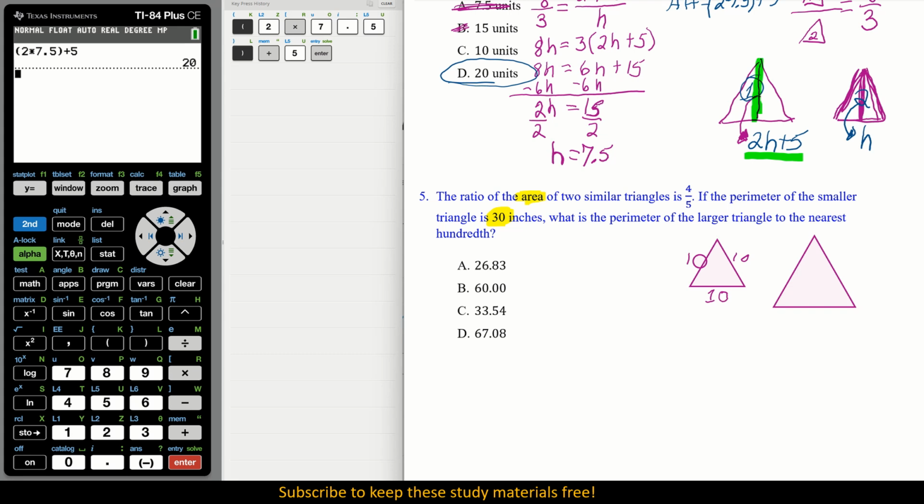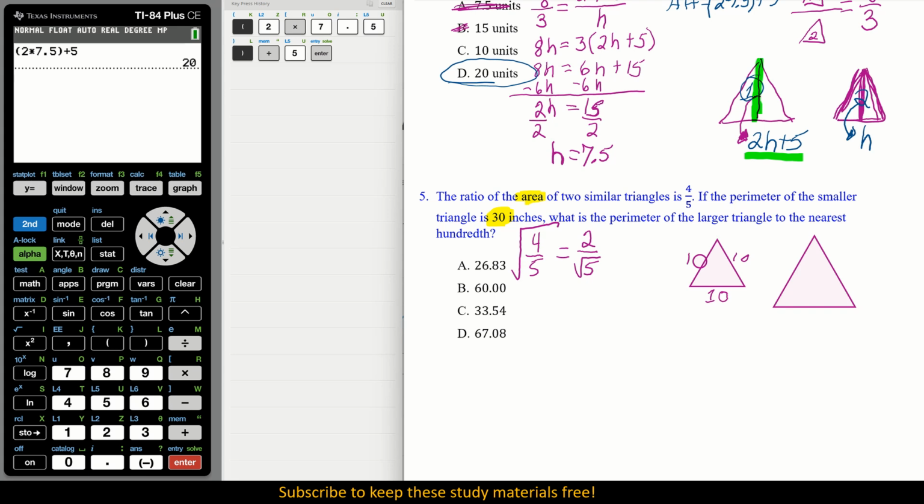Okay. So that means I have to take the square root. So I have to take the square root of 4/5. That means that the k that I need to apply is actually 2 over square root of 5. Okay.